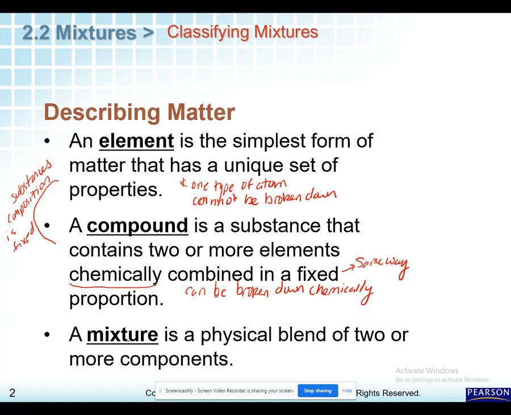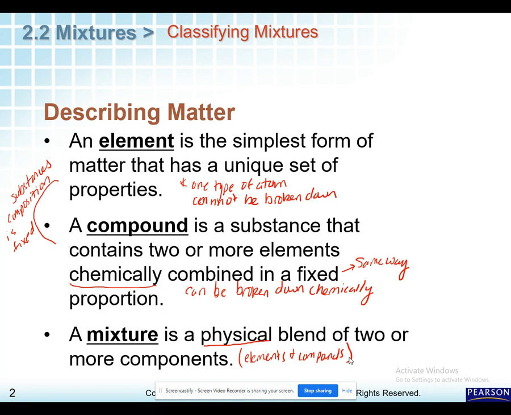Whereas a mixture, which we're going to learn about today, is a physical blend, so there's where the chemical and physical come into play, of two or more components. What I mean by components is a mixture can contain both elements and compounds, and they can be mixed together. In fact, I just did a lab with my advanced chem kids where iron, salt, and sand was mixed together.